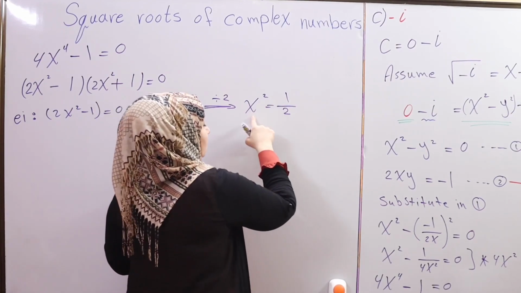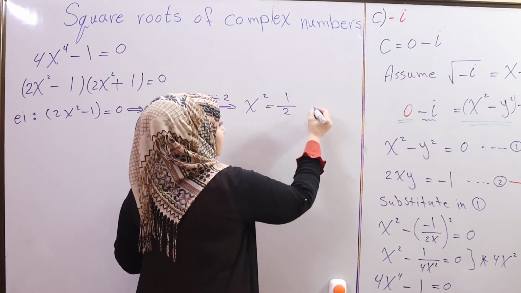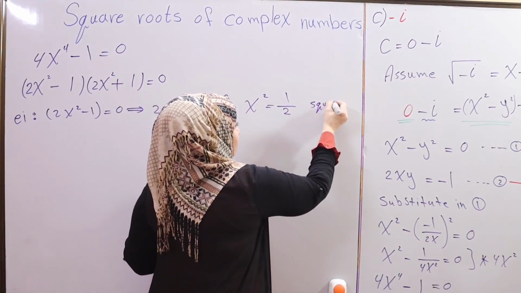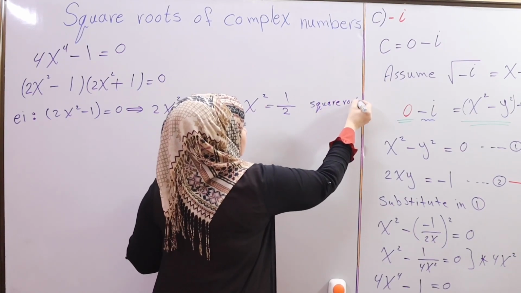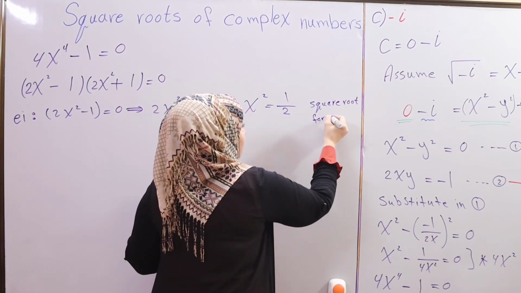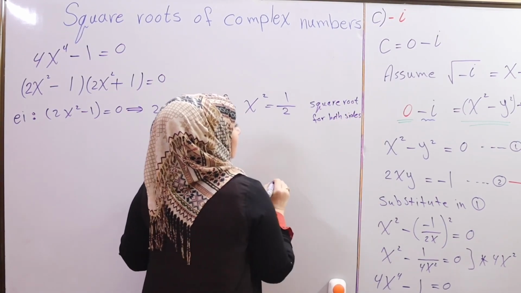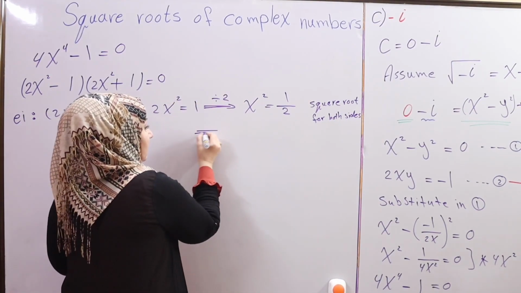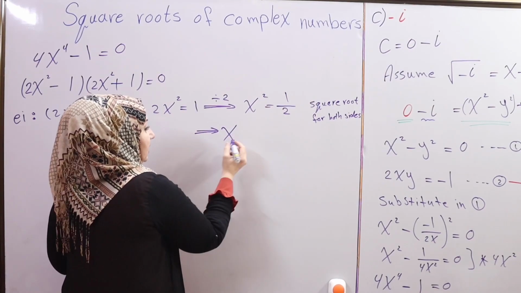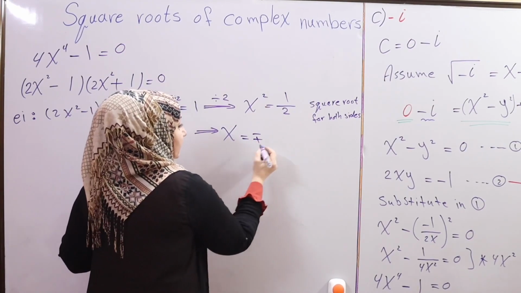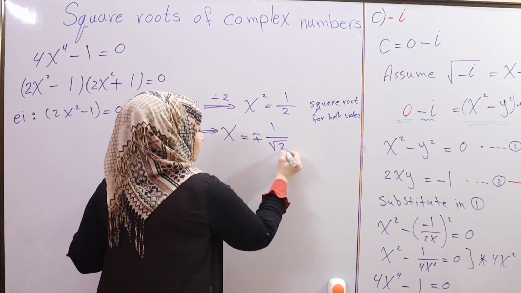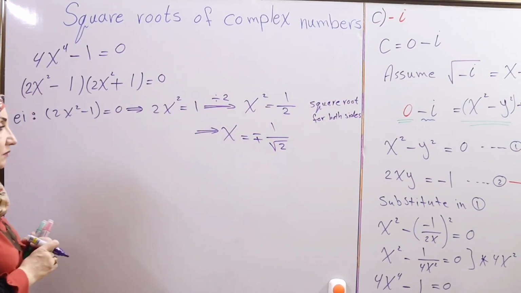So we take the square root for both sides. راح اخذ الجذر التربيعي للطرفين, and that's mean we get x equal positive negative 1 on square root of 2.